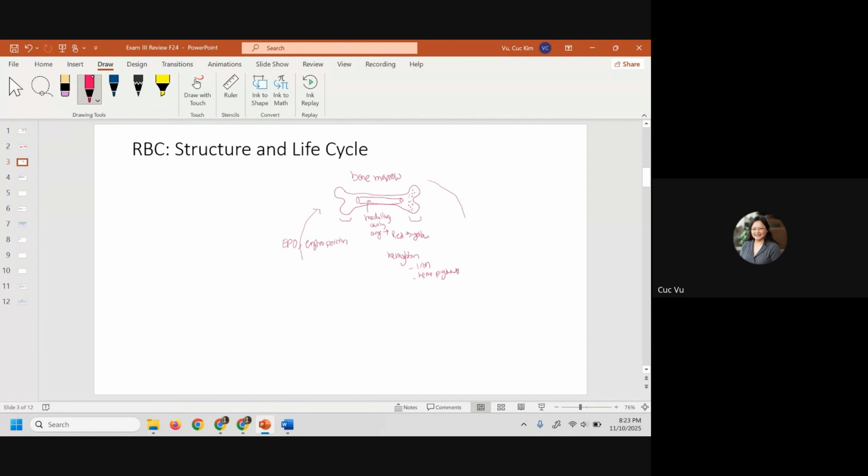Okay. So it's a chemical that's produced by where? There's a T in there. Erythropoietin. Where is EPO, or erythropoietin, produced? The kidney.